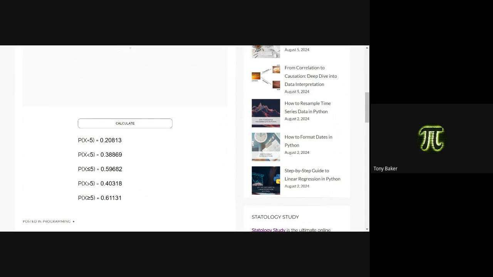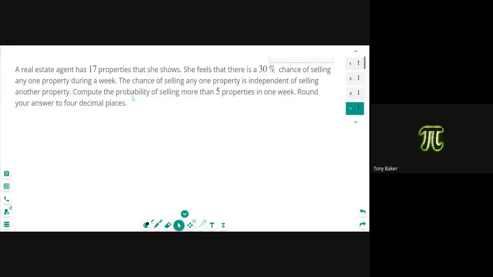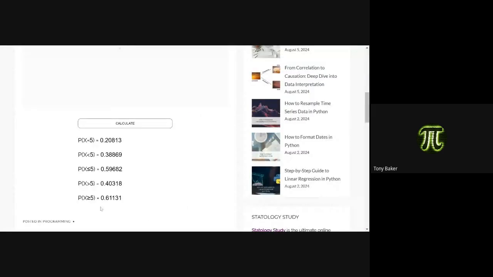The question was worded as, what's the probability of her selling more than 5 properties in a week? So more than 5 is X greater than 5. So the answer is 0.40318, or 0.4032, because it's 5 decimal places.